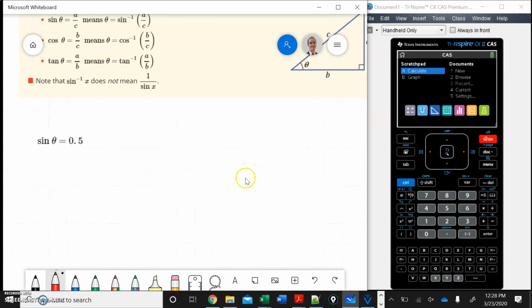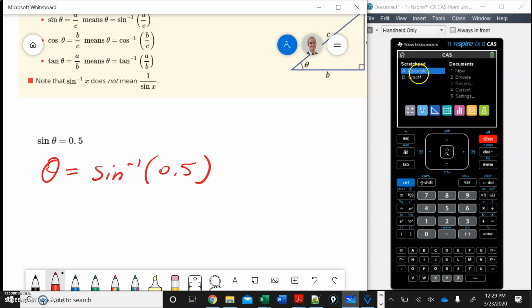First of all, we have sine of an angle equals 0.5. If we were going to try to find the angle, all we need to write is angle equals sine -1 of 0.5. Then on the CAS, follow along with me if you've got your CAS.